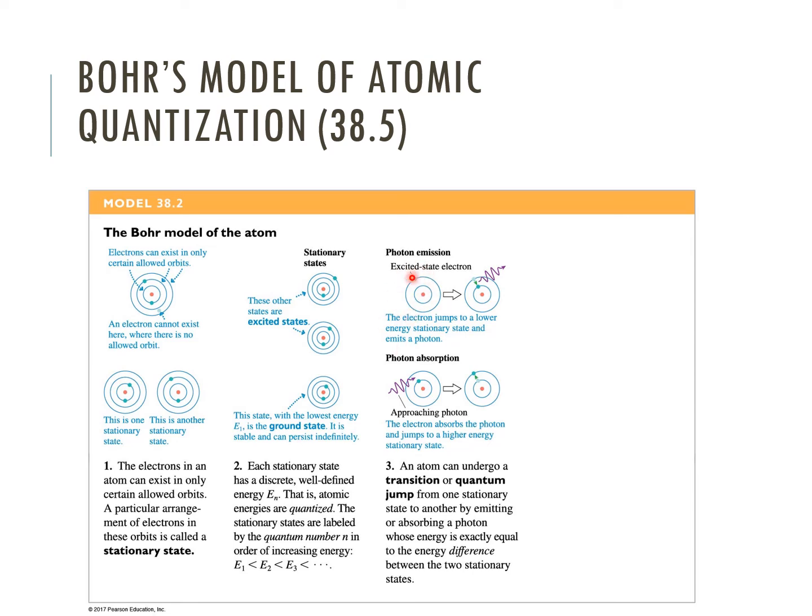The electron doesn't actually want to be in this excited state. So it's going to drop back down into the ground state. And when it drops back down, it emits a photon. That energy from going from a high energy to a low energy state has to be conserved. And it's being conserved by generating light.